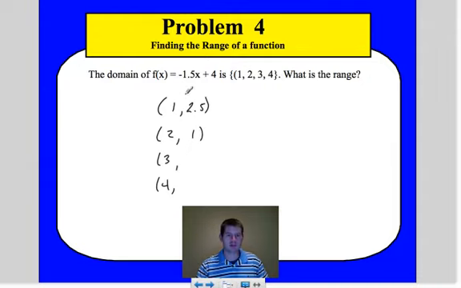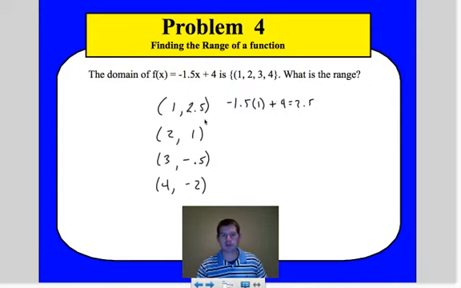If I take 3 times negative 1.5 plus 4, I get negative 0.5, and then negative 2. Again, all we're doing here is saying negative 1.5 times 1 plus 4 is equal to 2.5. Basically, it's just finding your x and y values. So my range is 2.5, 1, negative 0.5, and negative 2.